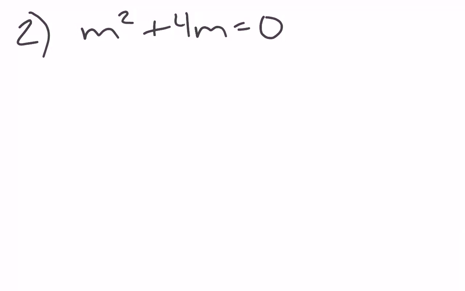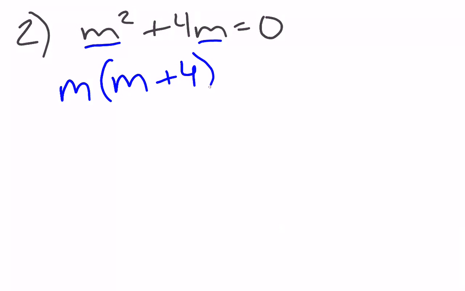Next one. This is a lot like the third example we did. m squared plus 4m equals 0. Do I have a GCF? Yes, there is an m in both of my terms. So that means if I factored it, I would have m times m plus 4 equals 0.